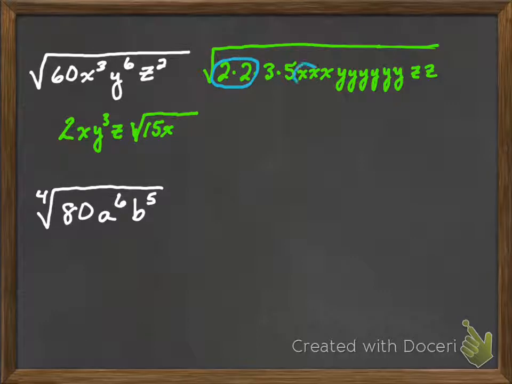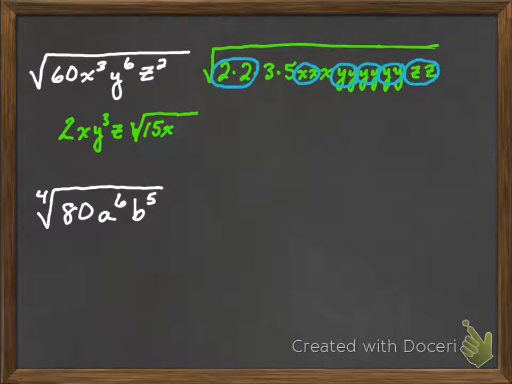All right, so we have a pair of x's. We have 1, 2, 3 pair of y's, and 1 pair of z's. So the only thing left underneath the radical is this 15 and this x. This came out as an x. These y's came out as y cubed, and then this z came out as a single z.